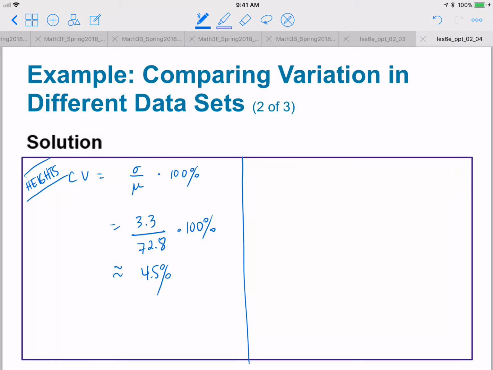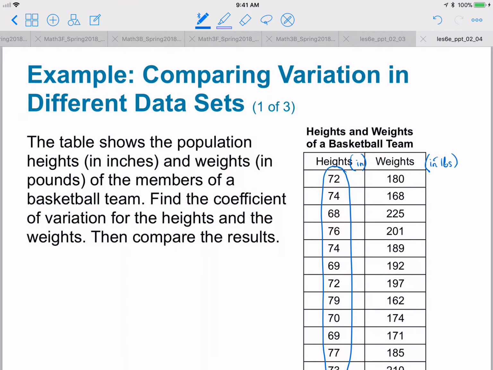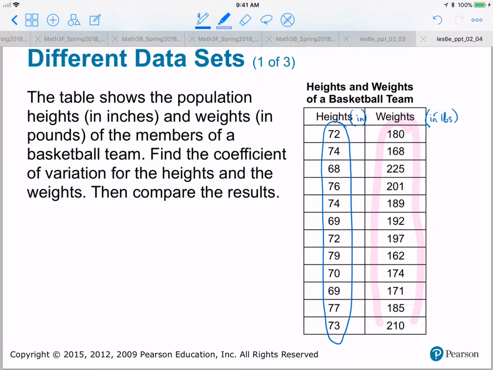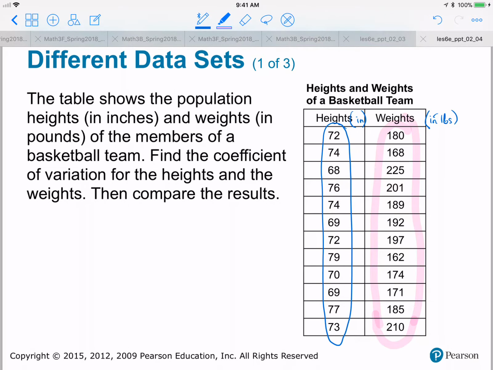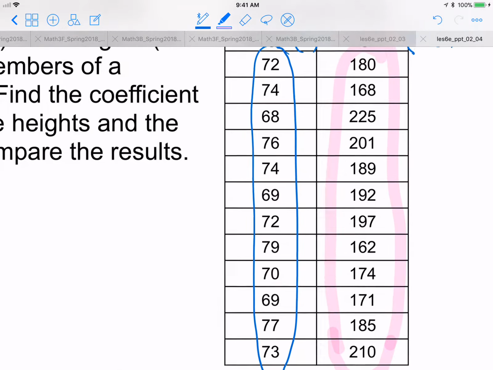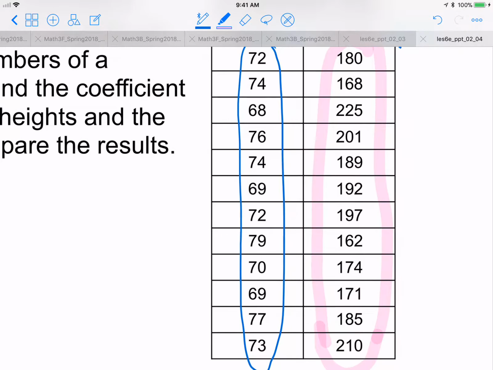Now, let's work on the coefficient of variation for weights. Here you're going to enter into another column. You can either clear L1 or you can enter it into L2. These are our weights that we're going to enter in. So these are your data values.